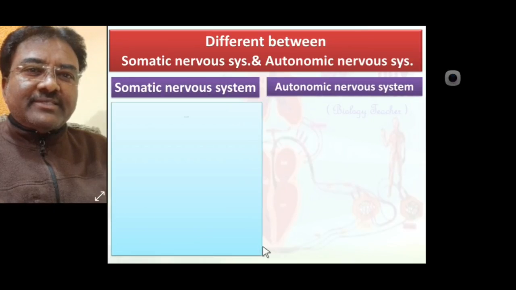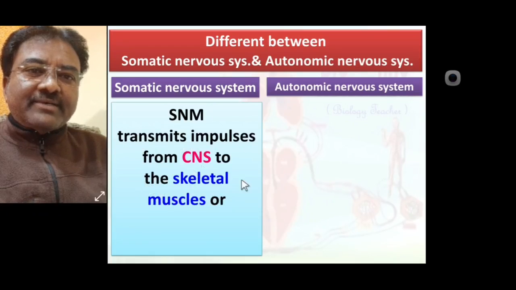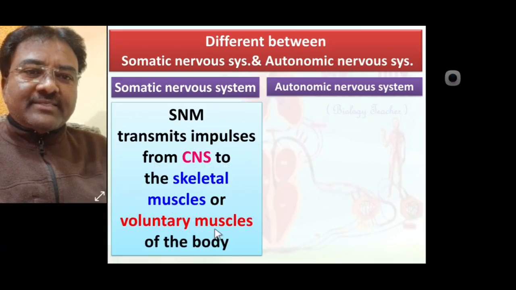In the somatic nervous system, the system that transmits impulses from the CNS to skeletal muscles, or voluntary muscles of the body, is called the somatic nervous system.